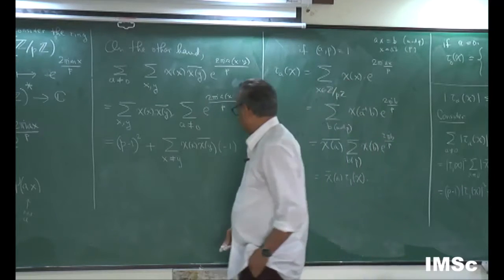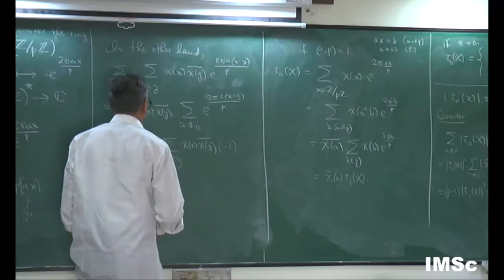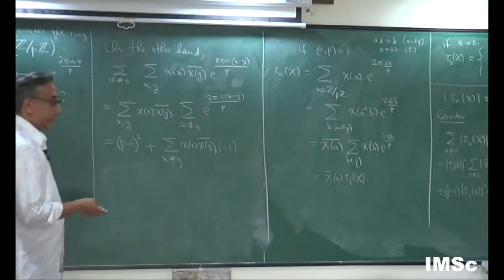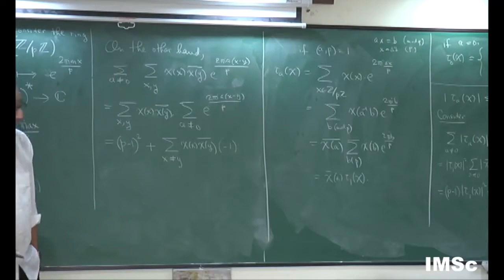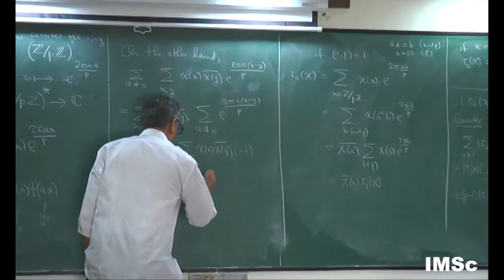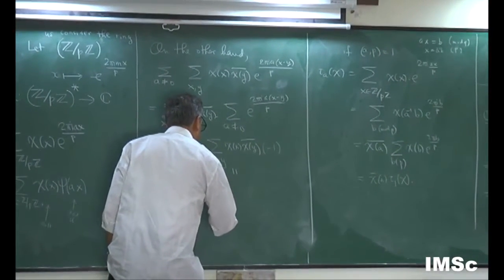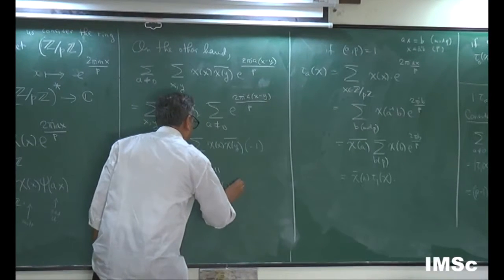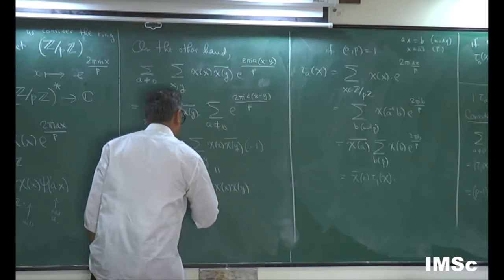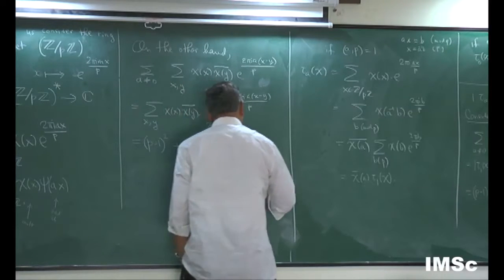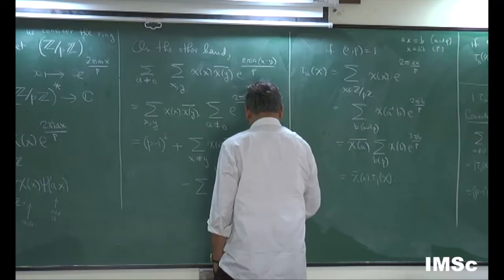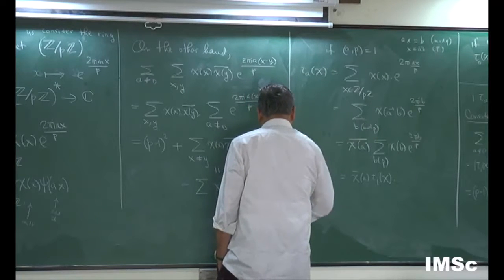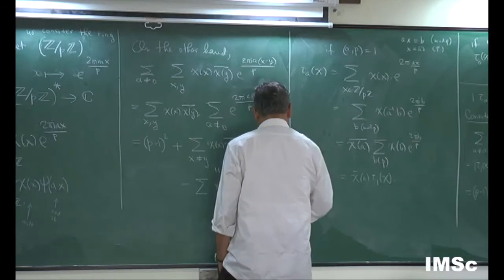Okay. So now what we could do is we could let x equal y and then throw the thing back in, right? So this can be written as minus summation chi of x, chi of y, plus the sum over x equals y, chi of x, oops, chi of y.